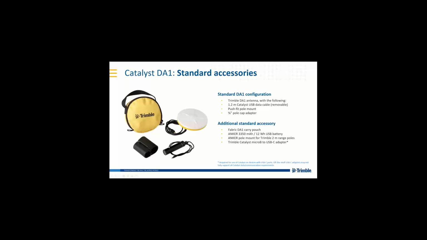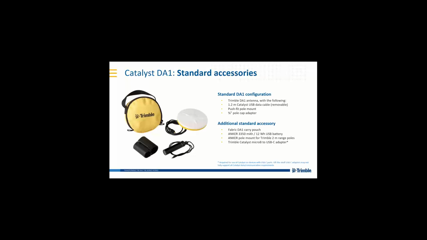Now, there's nothing magic about this external power pack. It happens to fit in this little product that Trimble sends along with it. So if you want to mount the DA1 antenna on a range pole, then this fits nicely on the pole and holds the battery right in there. But any type of external battery power you have will work.